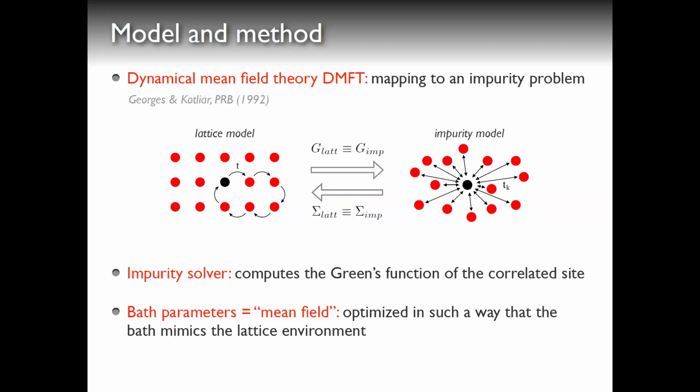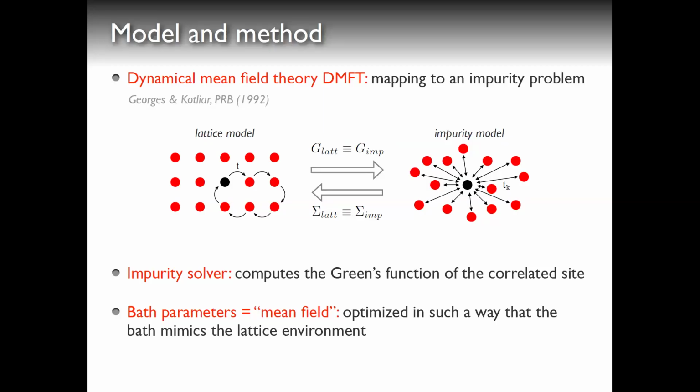So we focus on one of the sites of our lattice that becomes our impurity site, and the rest of the lattice is replaced by a bath of non-interacting electrons, and then we optimize the parameters of the bath in such a way that local observables between the lattice and single-site description match, or more specifically in such a way that the local lattice Green's function is given by the impurity Green's function.